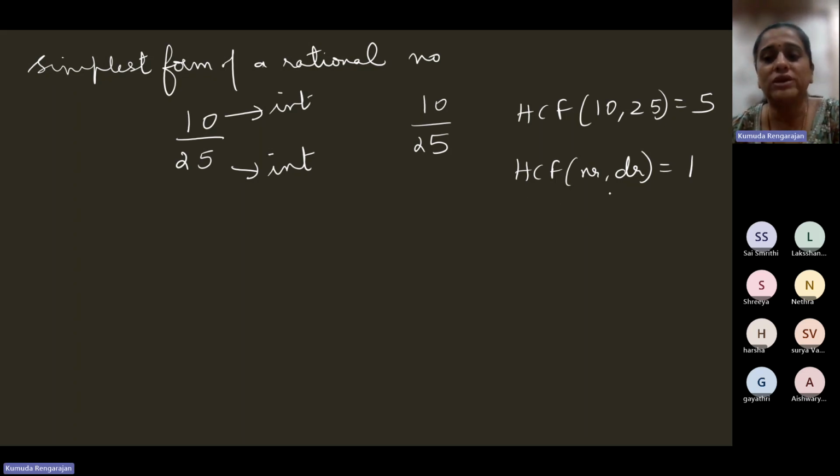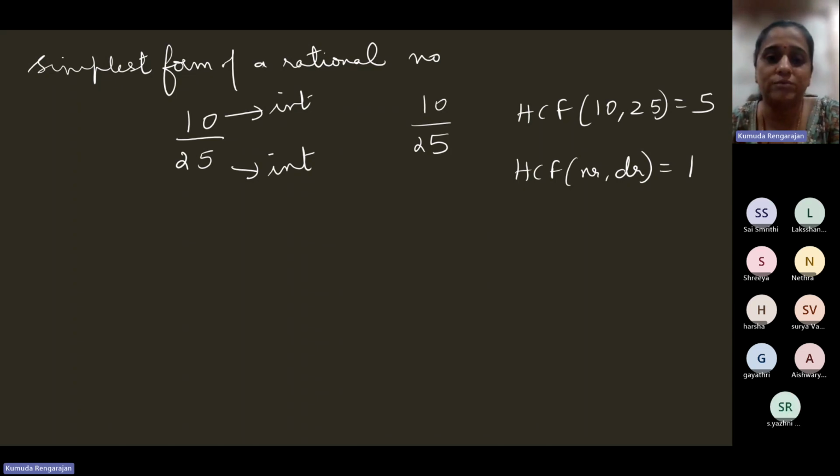If the HCF of the numerator and denominator, NR is numerator, DR is denominator, is 1, then the rational number is said to be in the simplest form. If the HCF of the numerator and the denominator is something other than 1, that means the rational number is not in the simplest form.